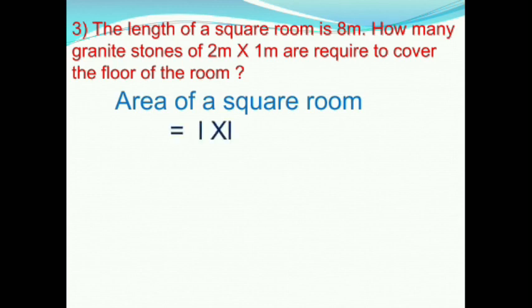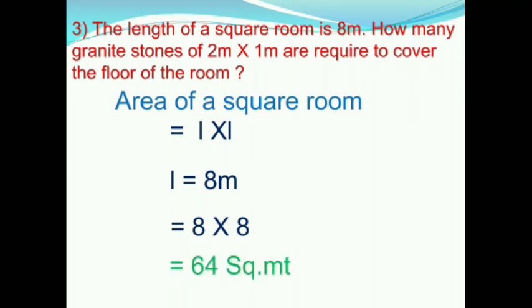Yes, L into L. L means length. What is the length of this square room? Yes, 8 meter. Now we should multiply 8 by 8. 8 8s are 64. Therefore, area of this square room is 64 square meters.